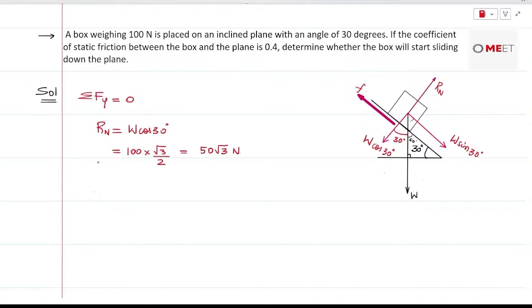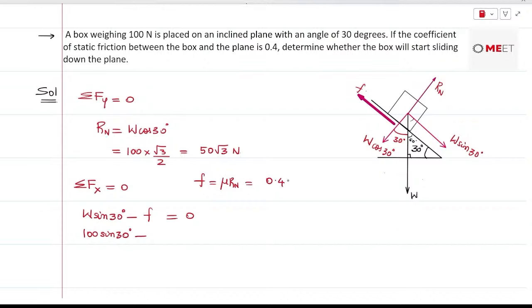Next is the equilibrium of forces in the x direction, that is equal to 0. So the component of weight, that is W sin theta, is going to be against the frictional force, that is equal to 0. So W is 100 sin 30 degrees minus F. F is mu times of Rn, where mu is 0.4.